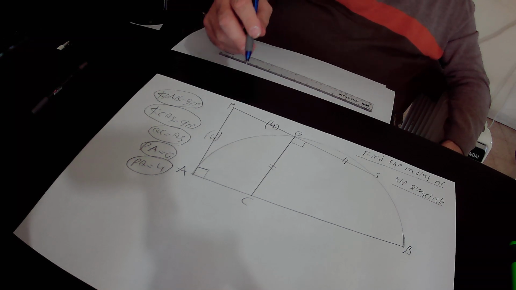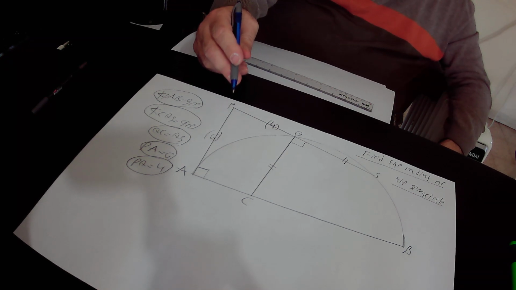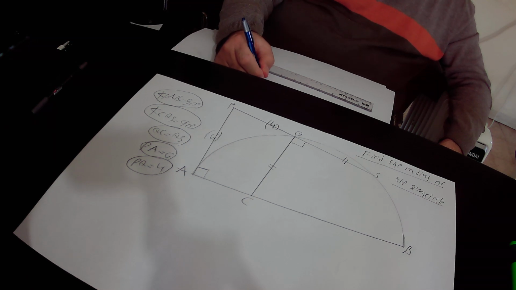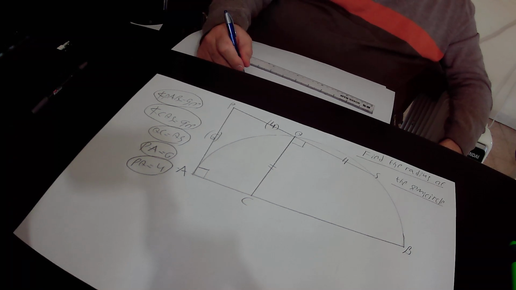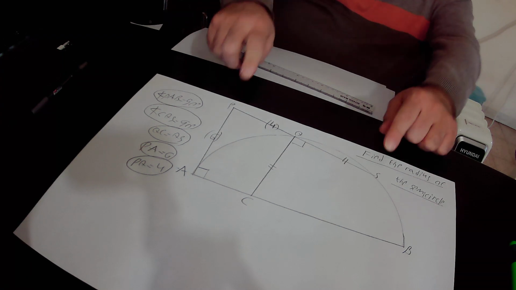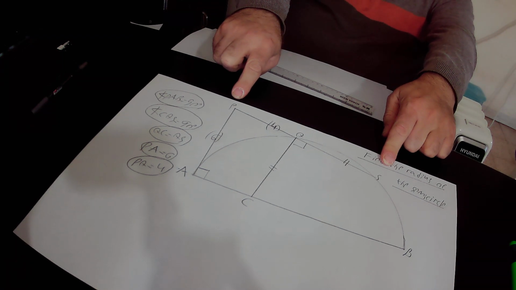So PA is 6, therefore PA square is 6 square, that is 36. And it is equal to PQ, which is 4, times PS. PS in total equals PQ plus QS.